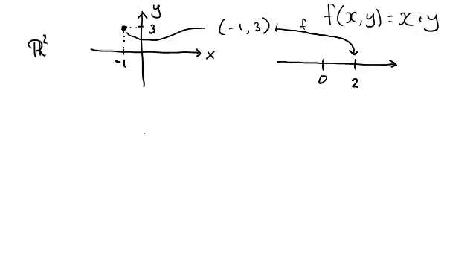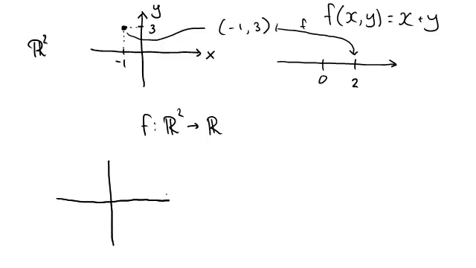The way you should think about a function from R2 to R is then as follows. You start with R2 being a plane and R being a line like this. What f does is to map points in R2 to a point in R. Any point in the plane is mapped by f to a unique point along this line.